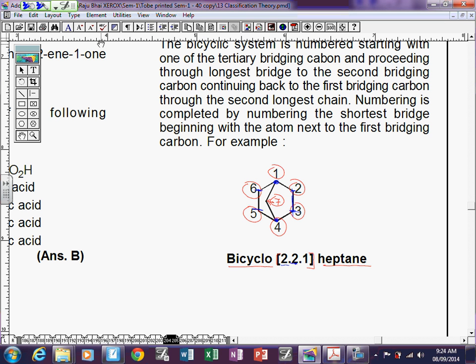Okay, 2.2. And in the bridge, how many carbons do you have? 1. So 2, 2, 1. Always right, left, center. Very simple. Total carbon is heptane, so bicyclo heptane, and after bicyclo, the square bracket 2.2.1. Let's see another example.